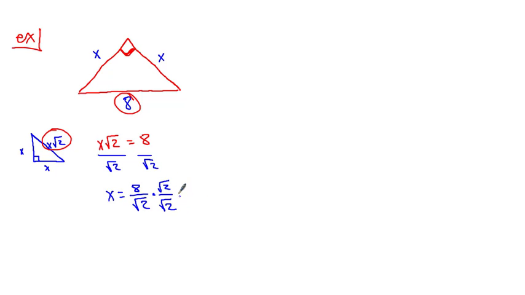So square root of 2 times the square root of 2 equals 2, and 8 times the square root of 2 is 8 square root of 2. But now we have 8 over 2, which is 4, because we can change 8 to 4 and 2 to 1. So 4 square root of 2 is what the x right here equals.